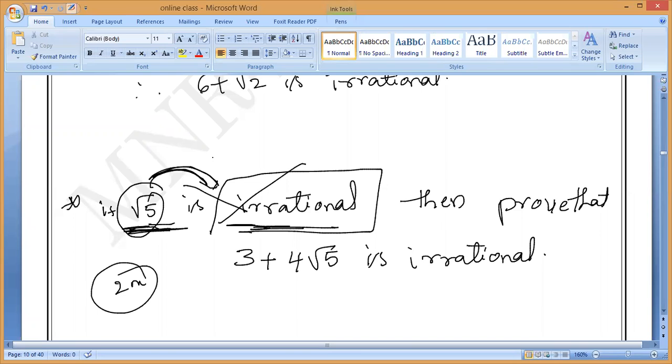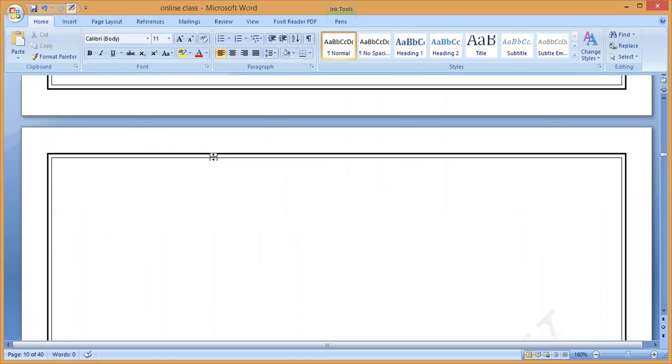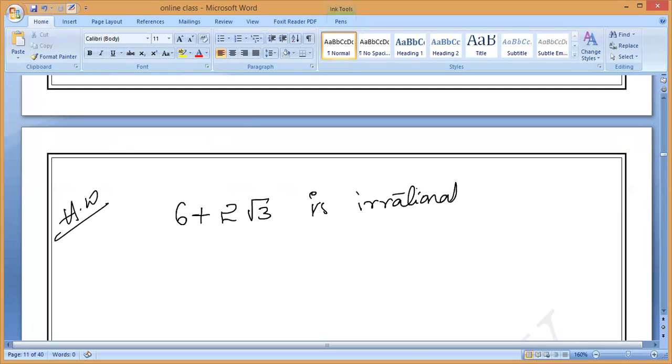Homework question: 6 plus 2 root 3 is irrational. You can solve and send.